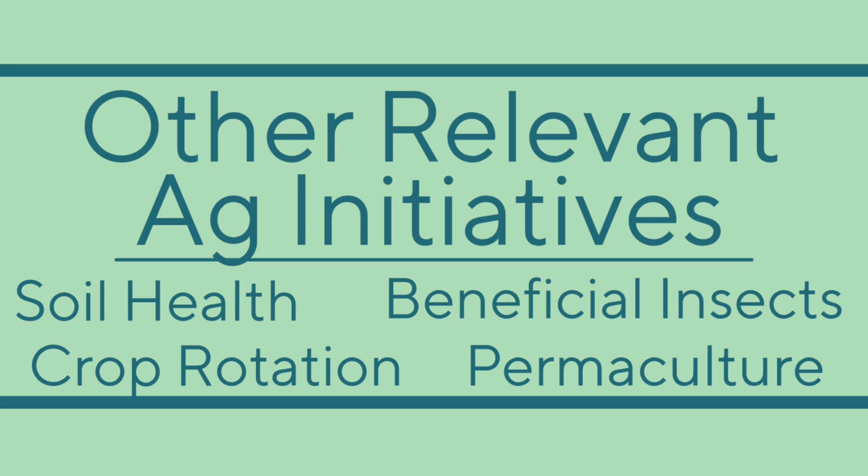So that is another option in way of spaces for beneficial insects and where those can be in those agricultural spaces. Crop rotation is also used for soil health, also crop health too, because they can decompose.